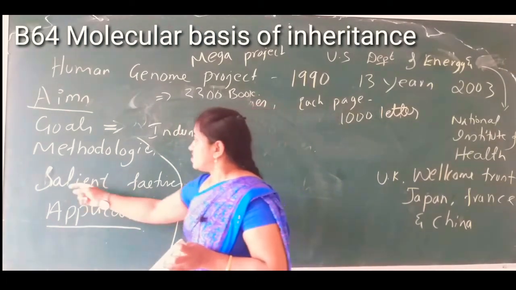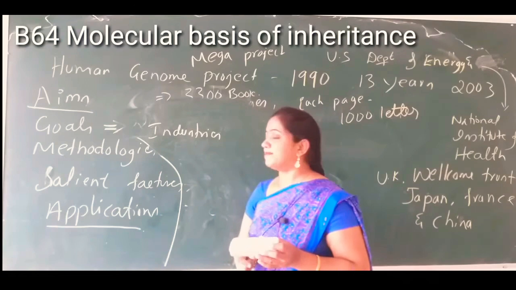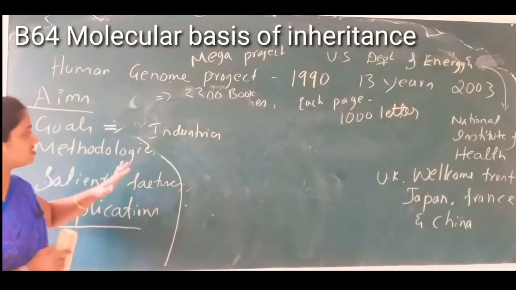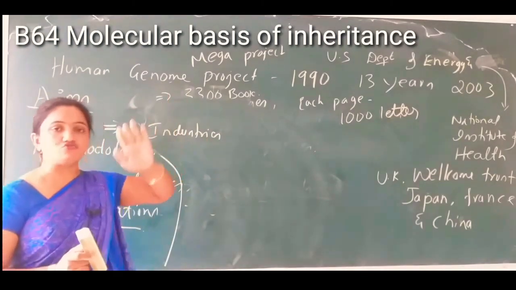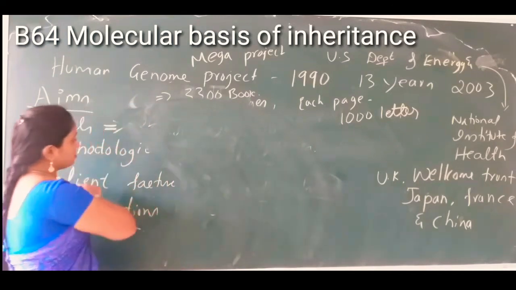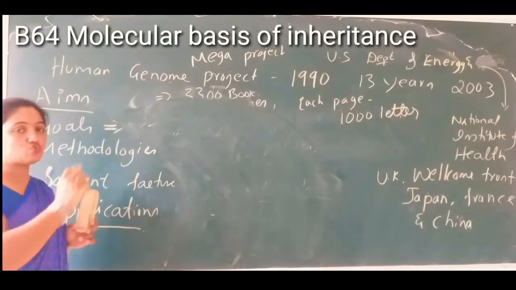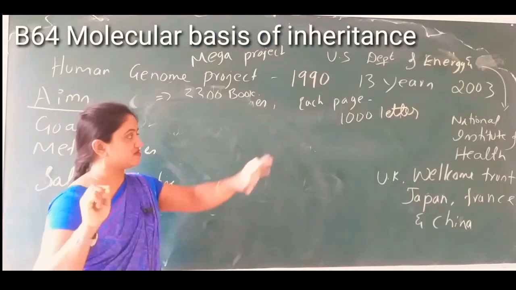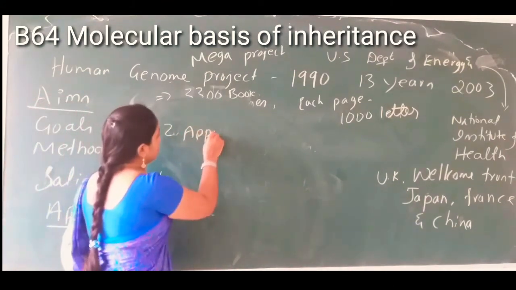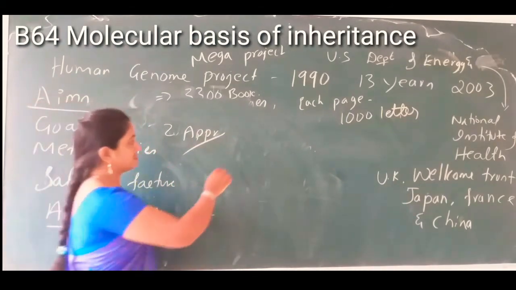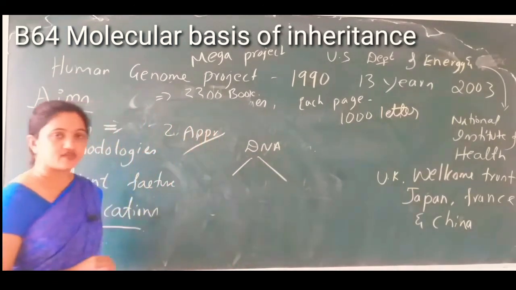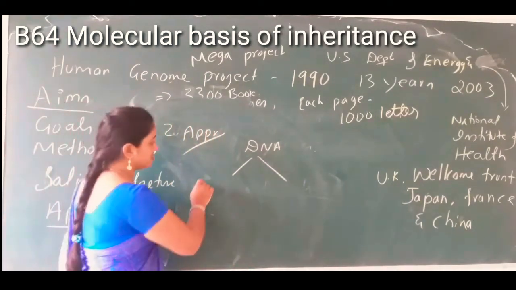Alright, now coming to methodologies. What is methodology? Methodology in the sense of how to count the genes. First, what we have to understand here is that they made two approaches. What are those two approaches? The DNA has two strands, right?